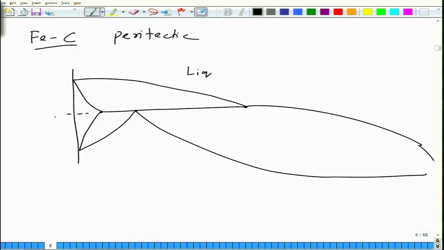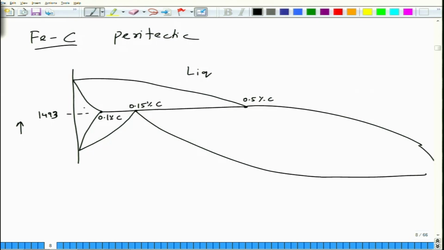This is at 1493 degrees centigrade, 97 or 93, let me check. It is 1493 degrees centigrade. So this is the temperature axis. This is 0.1%, this is 0.15%, and this is 0.5% carbon. Okay.